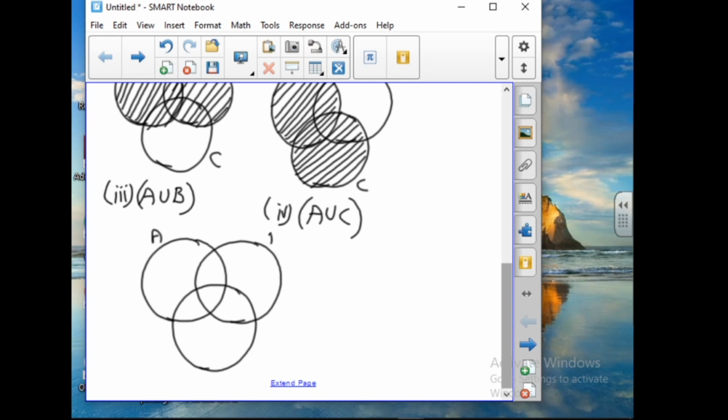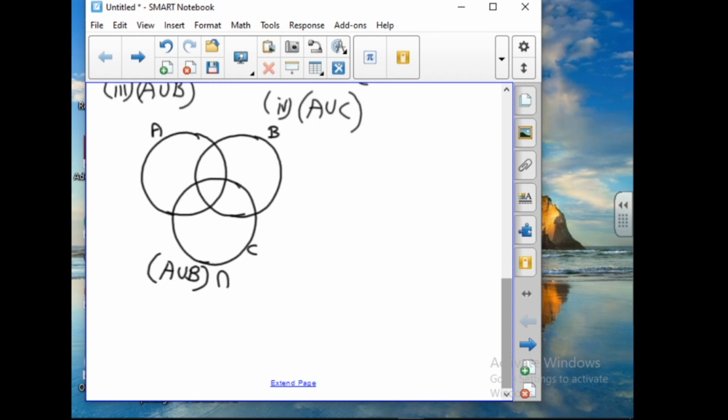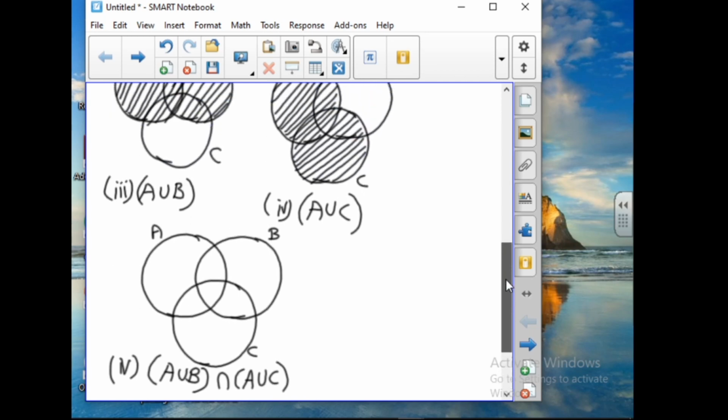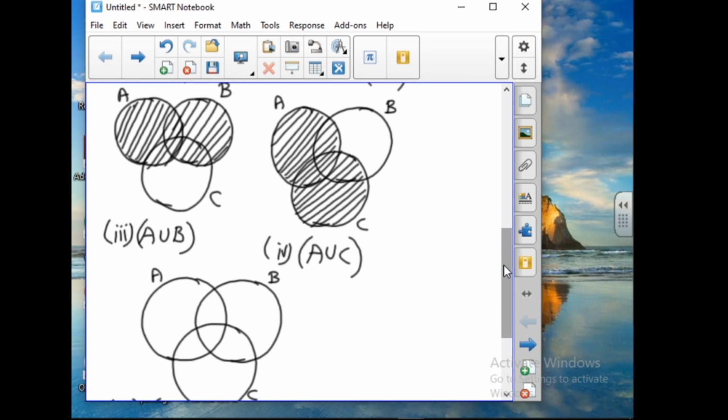A, B, C. So you have to find the common shaded region for the third one and the fourth one. See the diagram. What are the common parts? That B intersection C part is shaded in both diagrams.